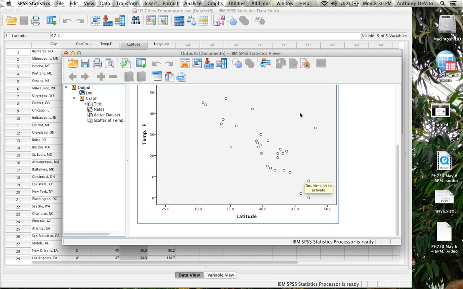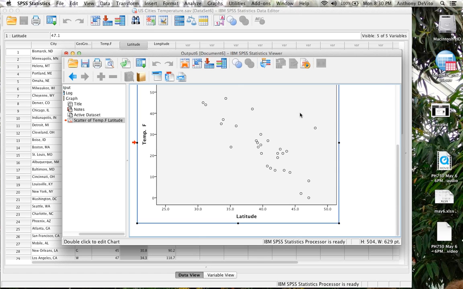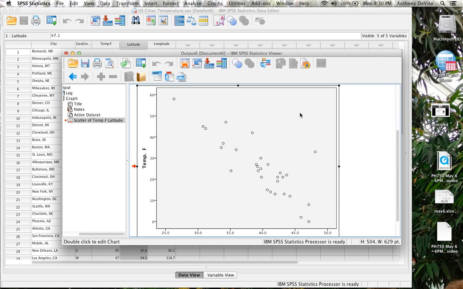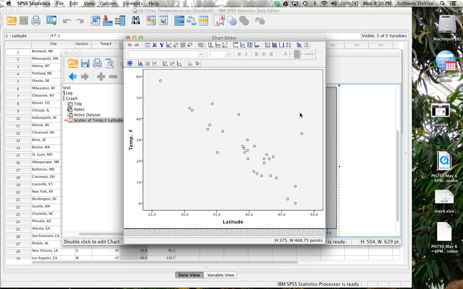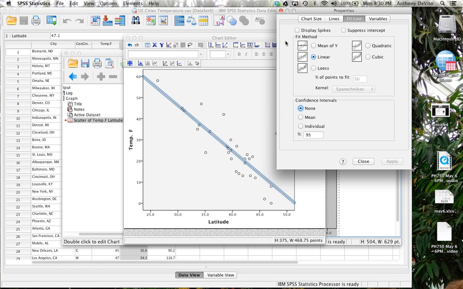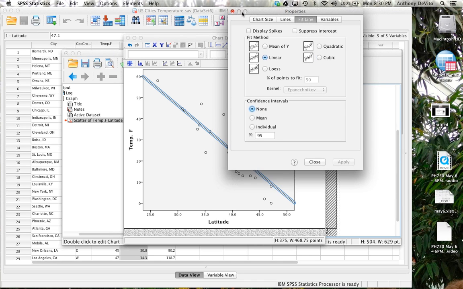One of the ways I can take another look at this is I'm going to double click this. It pulls up a little editor for this chart, and I can ask it to draw a line. It did it automatically as soon as I brought up the chart builder.